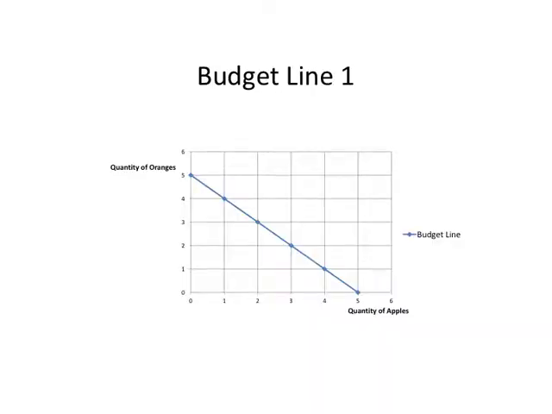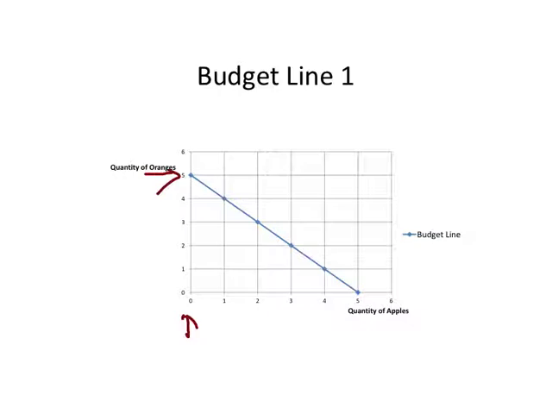Now the information we had in the previous table is about consumption choices available to John when his income is $5 and price of an apple equals price of an orange, which is $1. And based on the consumption choices this person has, we can plot these different points. For example, if this person decides to buy no apples, what's the max quantity of oranges this person can buy?